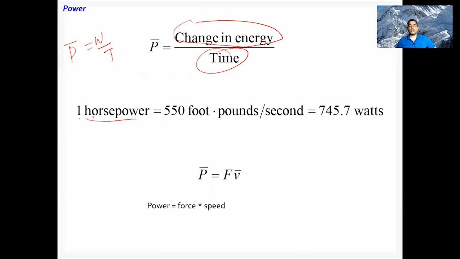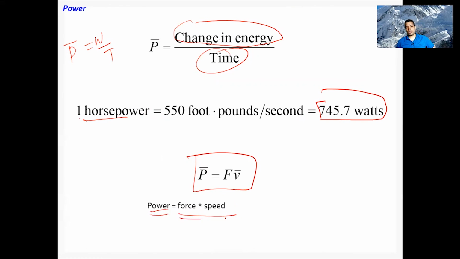Okay, the other unit of power is horsepower, which is frequently used in industry. 1 horsepower equals 745.7 watts. Okay, there is another formula for power, which is force times speed. Power equals force times speed. With this, I want to conclude this chapter. Thank you.